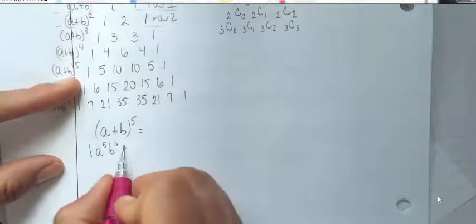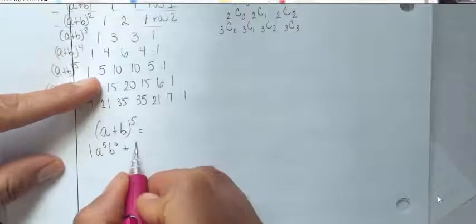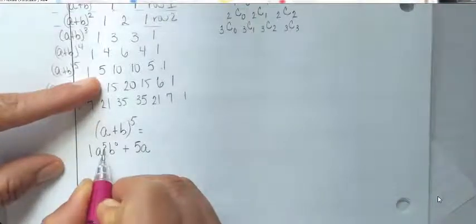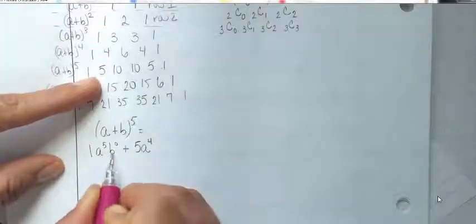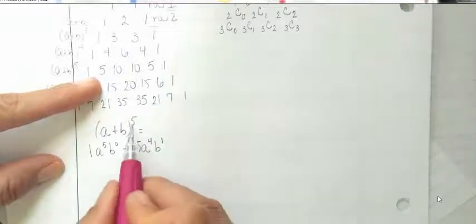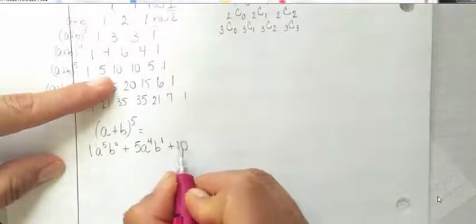Because it's plus, we don't really worry too much about the signs. Now my coefficient for the second term is 5. A gets 1 less power, so it's 4. B gets 1 more power, so it's to the first, and they have to add up to 5, because that's the power.